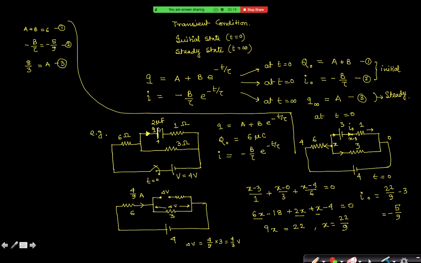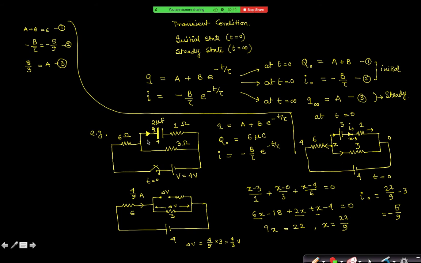If I am interested to find the charge in this plate, always I will assume this current to be positive, irrespective of its initial charge. Even if it is 0, I will take this current positive. Even if it is positive initial charge, I will take this positive. Even if it is negative initial charge, I will again take it as positive. Because I have to write dq by dt positive.